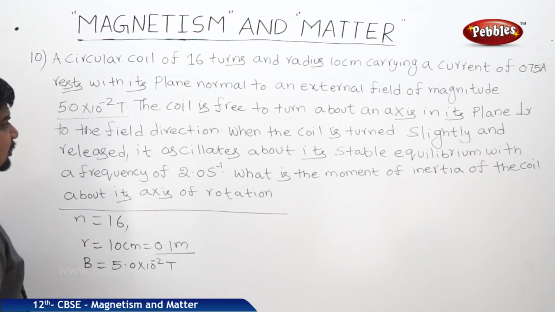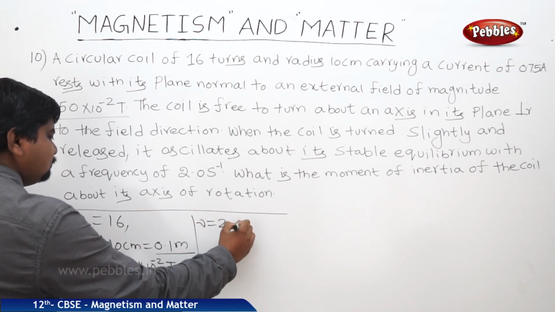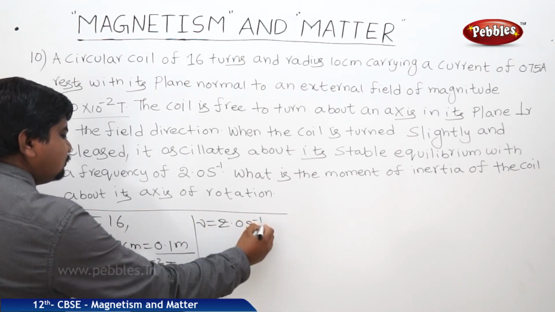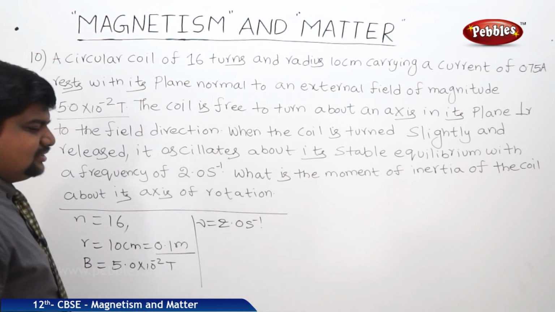The coil is free to turn about an axis in its plane perpendicular to the field direction. When the coil is turned slightly and released, it oscillates about its stable equilibrium with a frequency of 2.0 second inverse. So what is the moment of inertia of the coil about its axis of rotation?